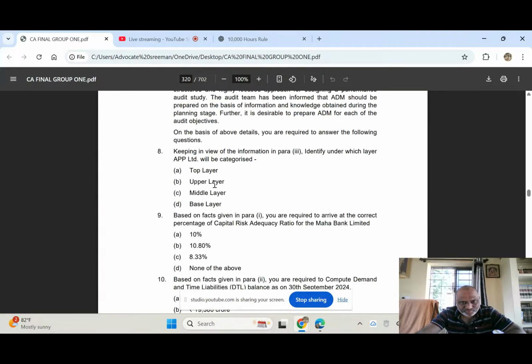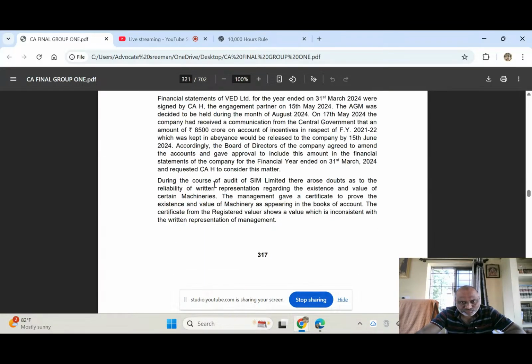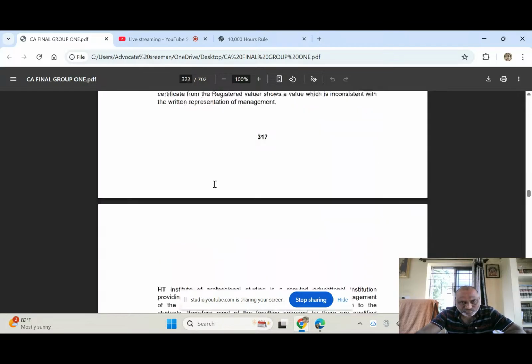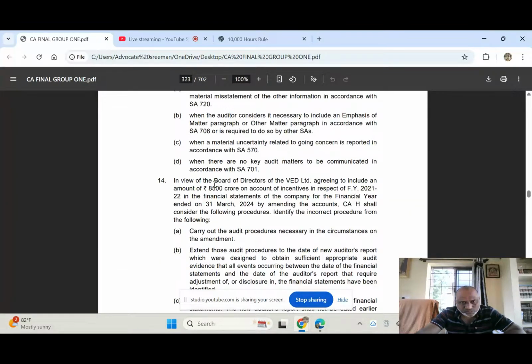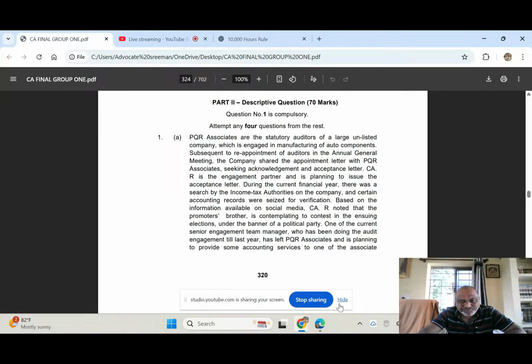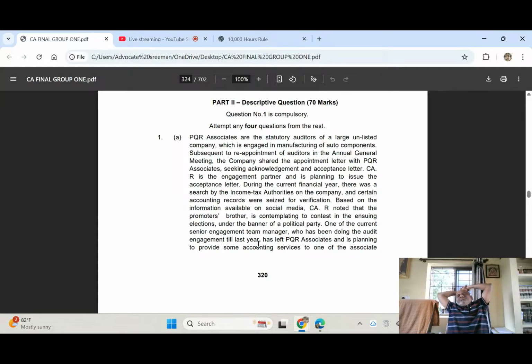That's why. Mr. Sriman, you write important things in your notebook while studying. Okay, okay, Sriman.